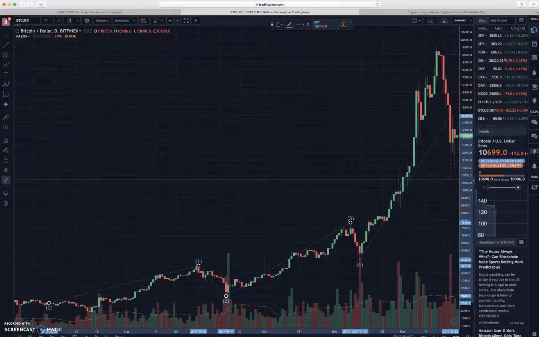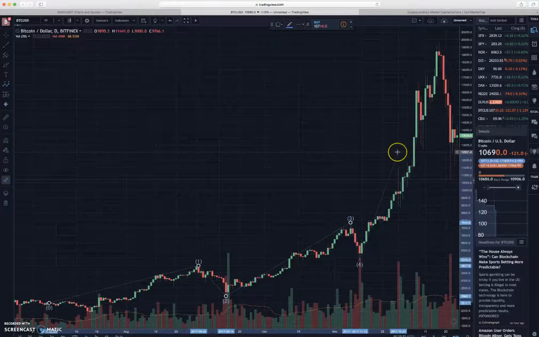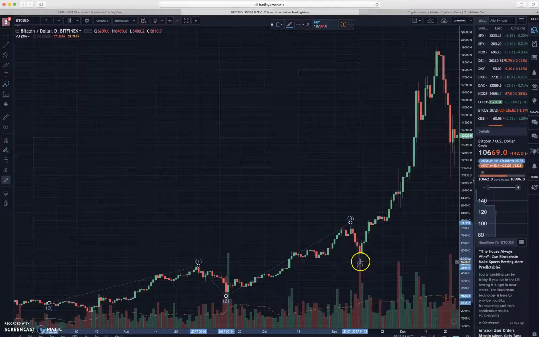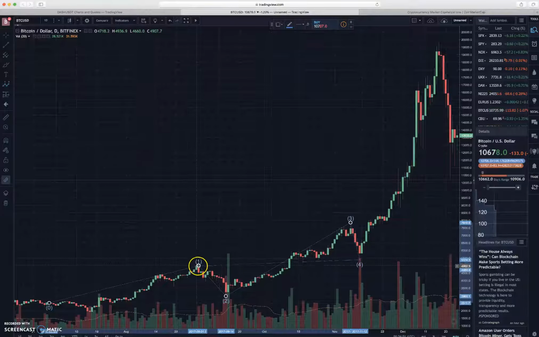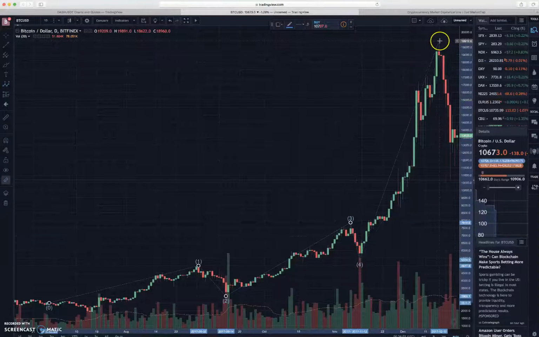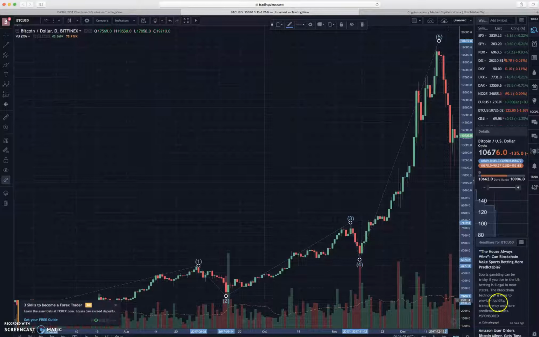So anyway, wave 5 is the final leg in the direction of the dominant trend, which is obviously a bull trend here. We started at 0. We're ending up at 3 over here, and then down to 4, but 4 is still far above 1. Sorry if I'm confusing anyone, but wave 5 ends way up here at 19,000. And you can see wave 0, where we started, was at 2,500.